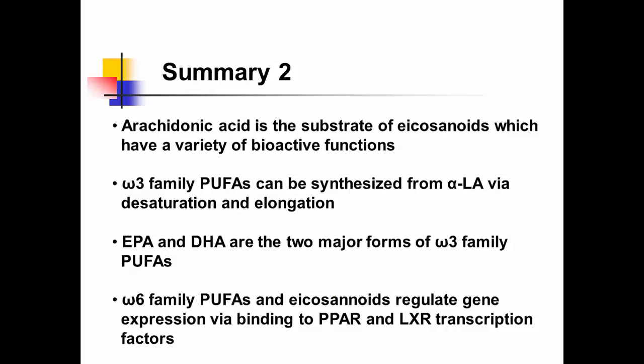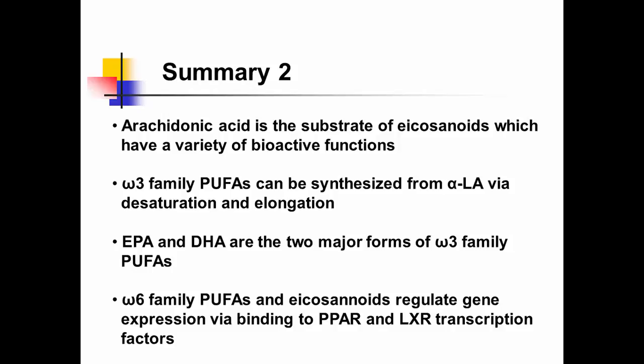So arachidonic acid is the substrate for the synthesis of the pro-inflammatory eicosanoids, which is a very important bioactive molecule involved in the pro-inflammatory response, so it is considered not good, right? A bad eicosanoid.